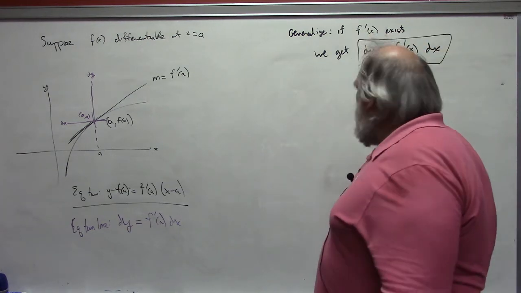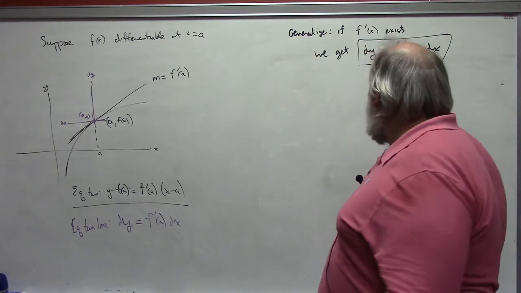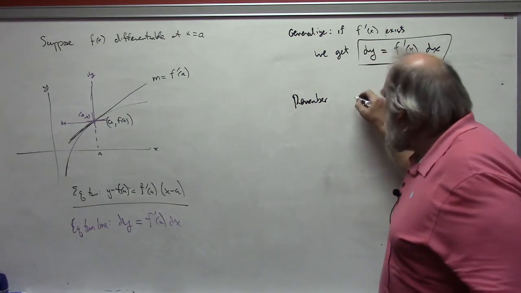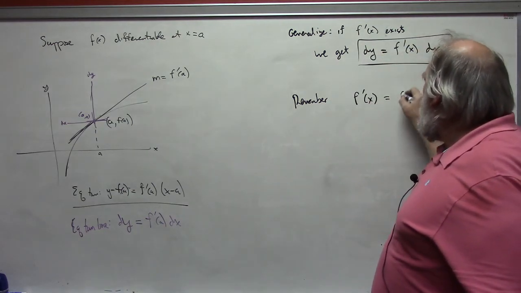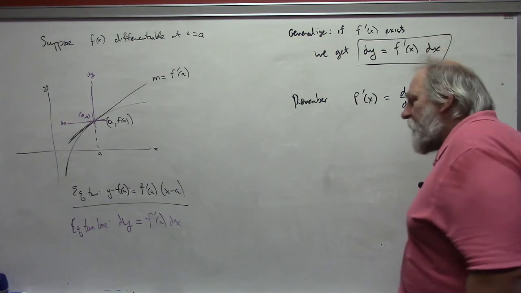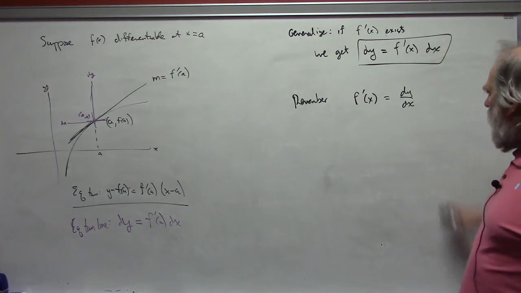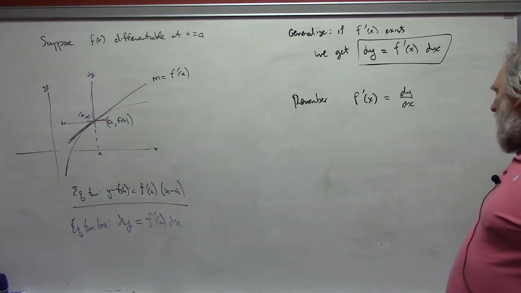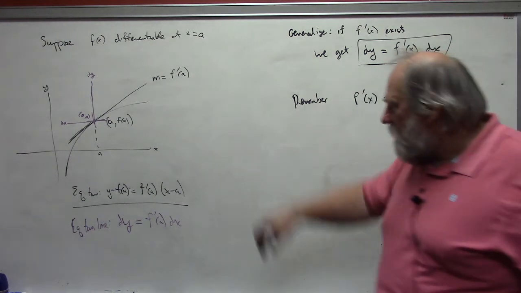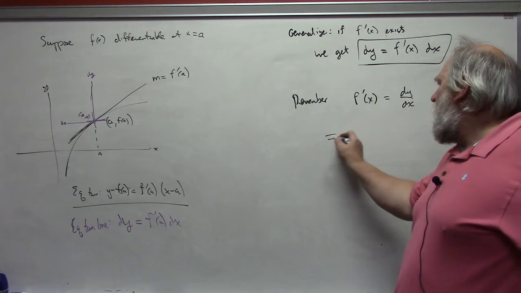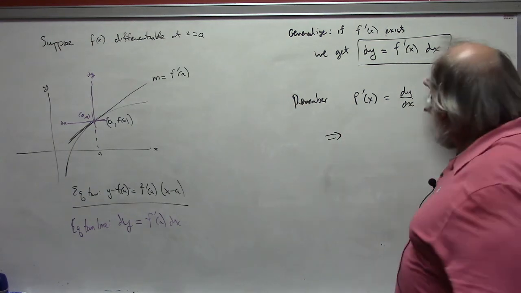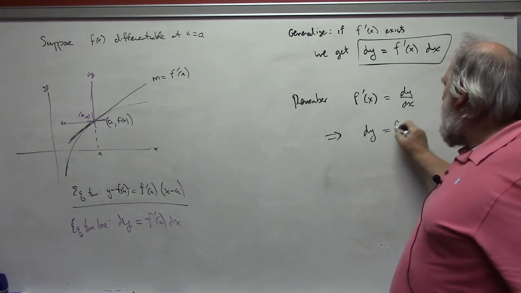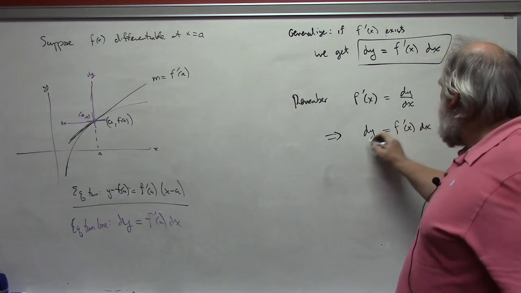Now, if you notice, remember, our basic derivative, f prime of x, had the form dy dx. We've always thought about dy dx as a single entity. But if we think about this now in a different way, according to this new axis, then we can in effect think of this as a quotient, and therefore we get dy is f prime of x dx, the same thing I have up above.